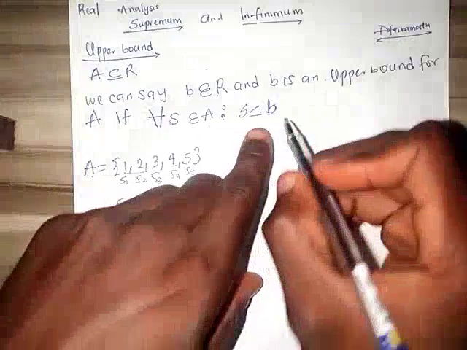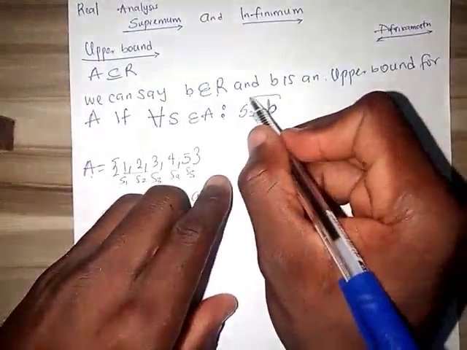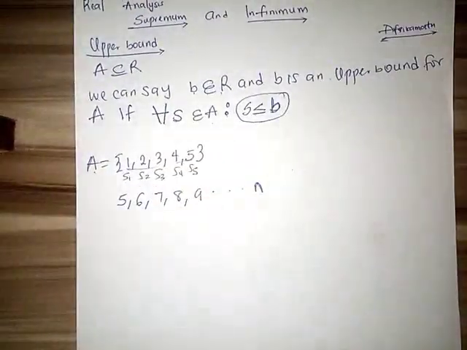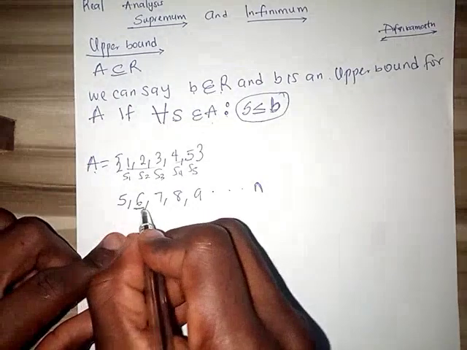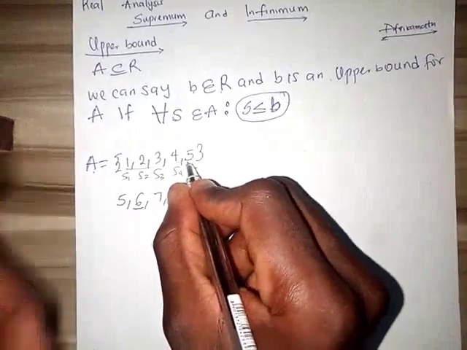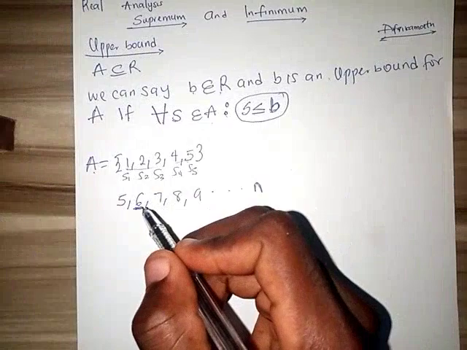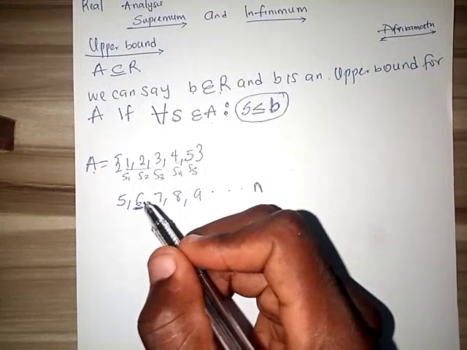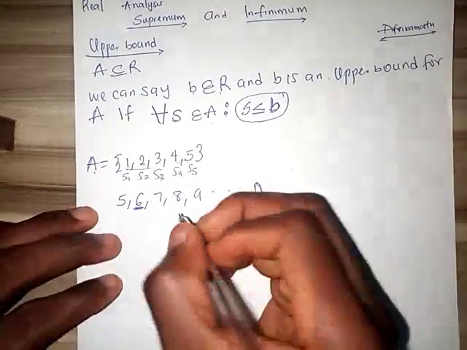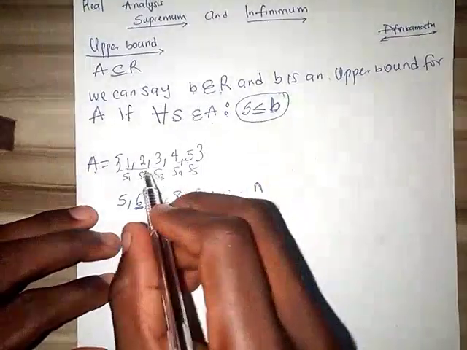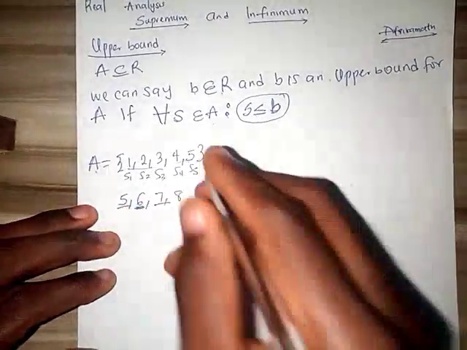I hope you get the meaning of upper bound now. Just using this definition, you're going to get the upper bound. Now, for any set, an upper bound is not compulsory to be an element of that set. You can see that 6 is not an element of A, but 6 is among the upper bounds. You notice that 7 is not part of this set. 5 is part of this set.